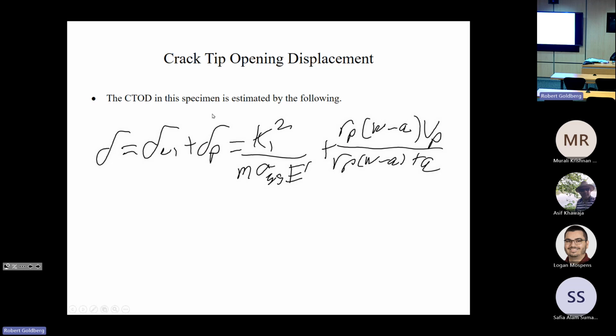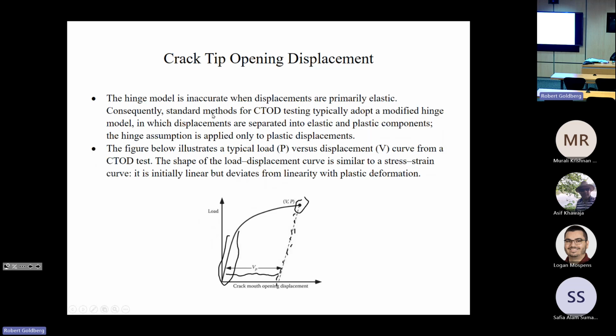To compute this elastic stress intensity factor, you just take the load and specimen dimensions and plug them into the earlier tables. For typical materials and specimens, setting this plastic rotation factor R_P equal to 0.44 has been found to be a reasonable approximation. Again, it may not be perfect, but for many materials and test specimens it's reasonable. And V_P is computed the way we talked about here.